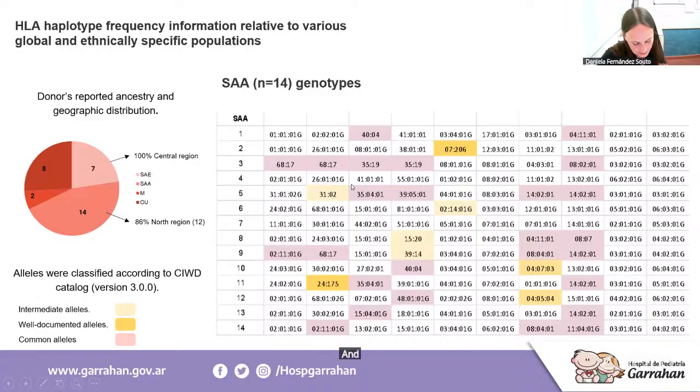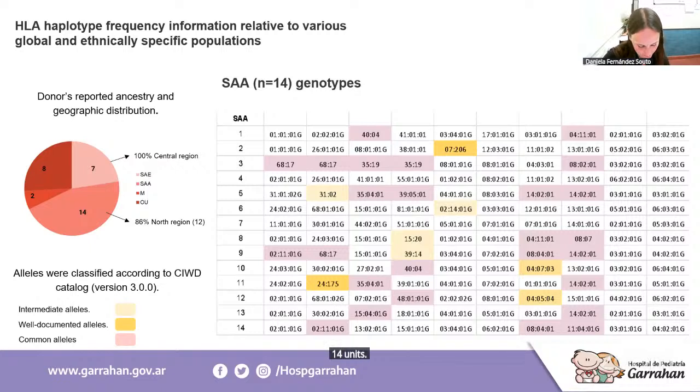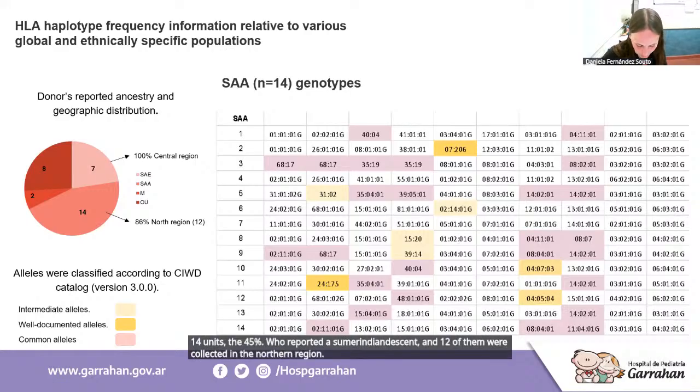And now the Amerindian units. Within these 31 units not represented in the Haplostat database, 14 units, 45%, were reported as Amerindian descent, and 12 of them were collected in the northern region.